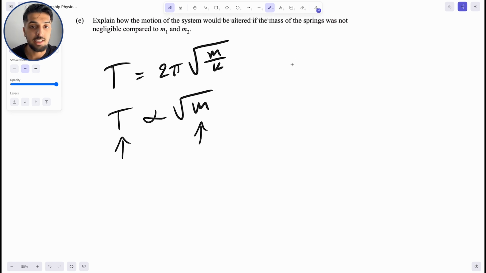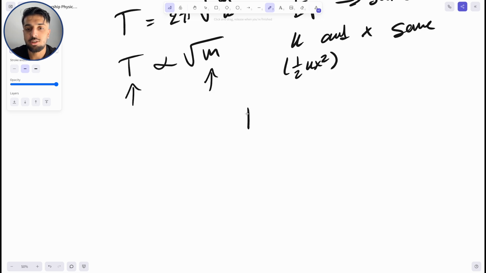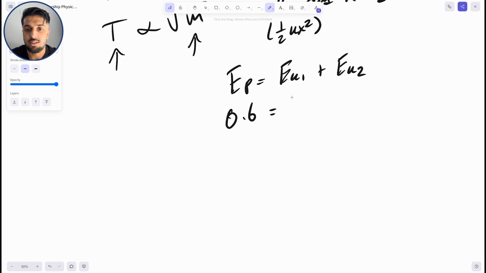Another key part of this question is that the EP in the spring will remain the same, because neither the k value nor the distance compressed changes, and that's because EP is half kx squared. And because our EP is equal to the EK of m1 plus the EK of m2, our 0.6 is equal to half m1 v1 squared plus half m2 v2 squared.